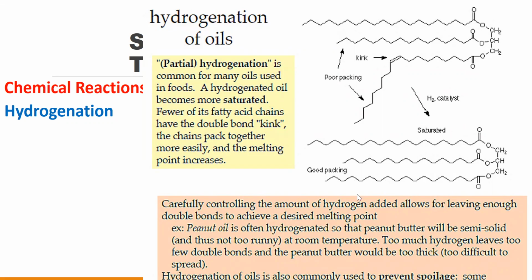One reason is that you can prevent the spoilage of your food products or oils once they become saturated, because unsaturated fatty acids tend to oxidize over time, and it causes the fat to become rancid. If you notice, for example, there are oils where there's a lot of double bonds.